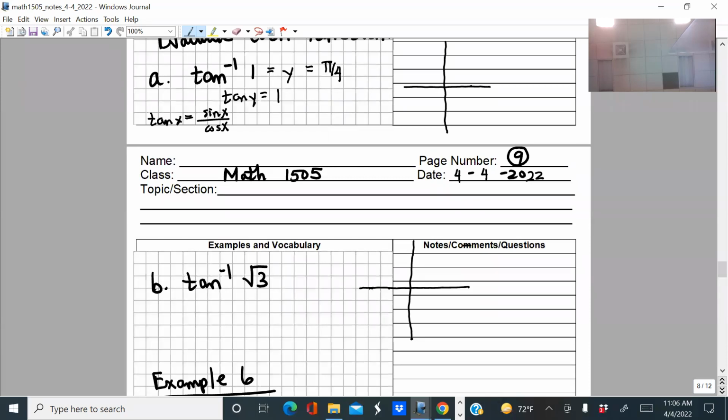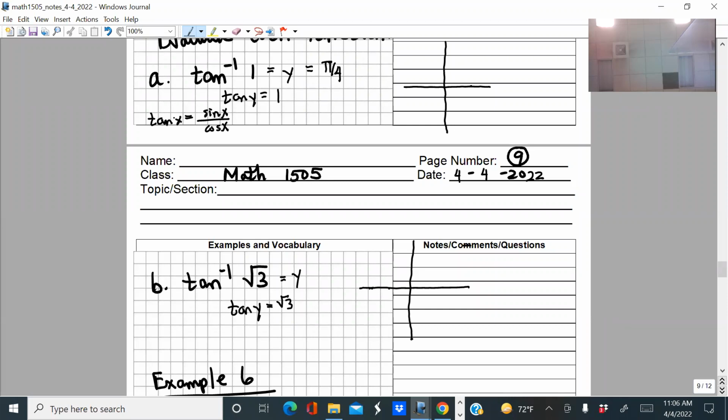This one is good to experiment a little bit with. Okay. All right. Again, you're looking for an angle whose tangent is square root of 3. So try experimenting with some of your special angles and see if you can find one whose tangent is square root of 3.